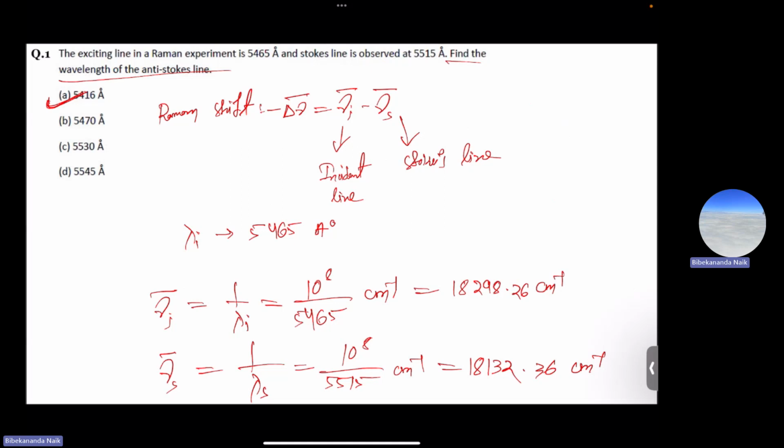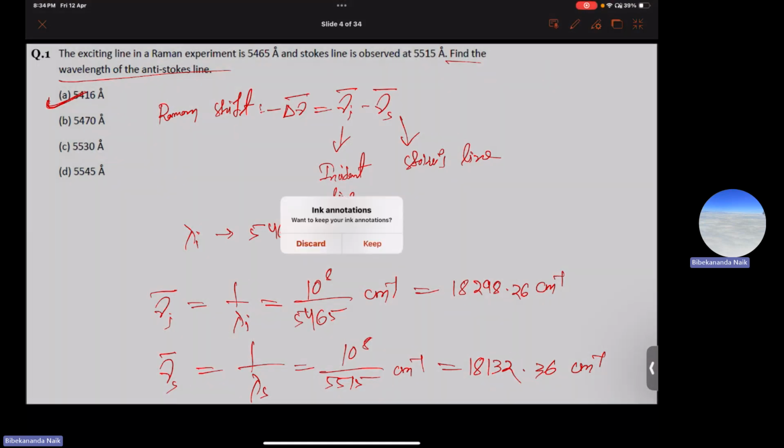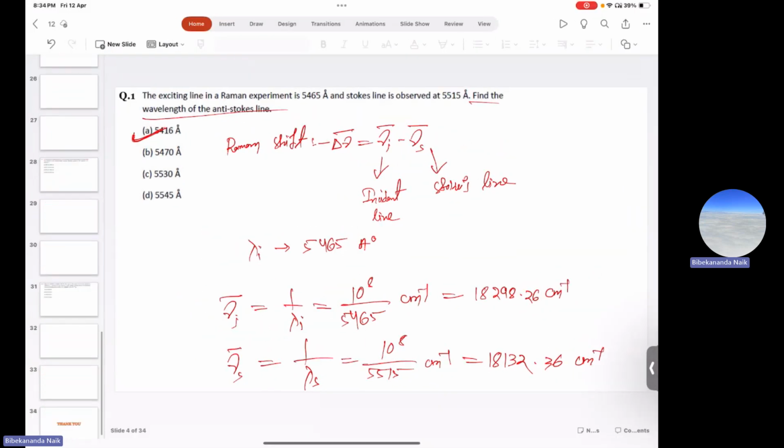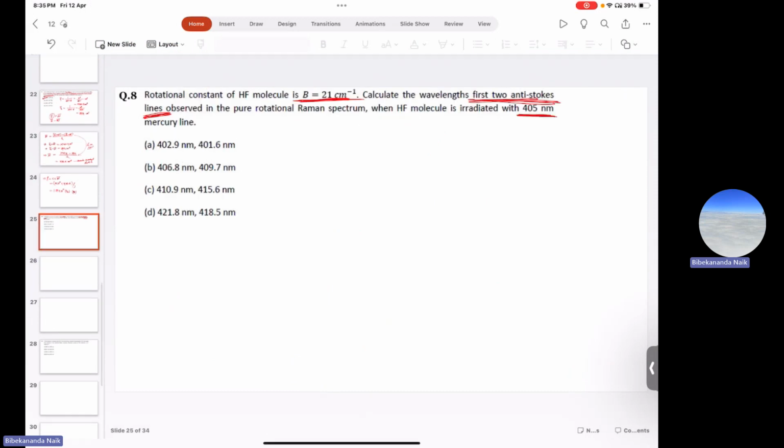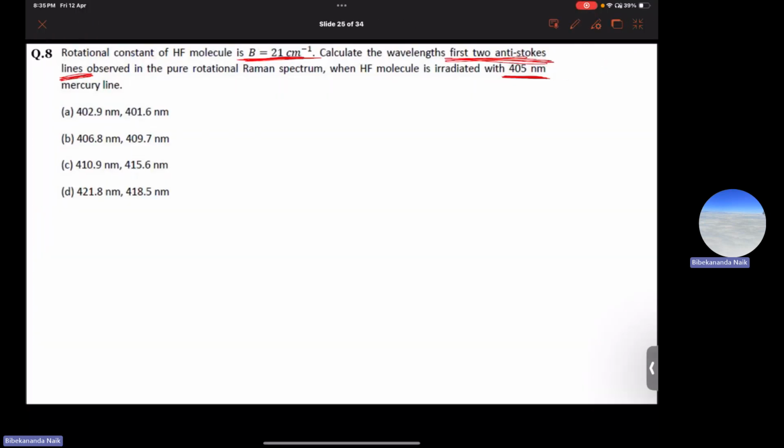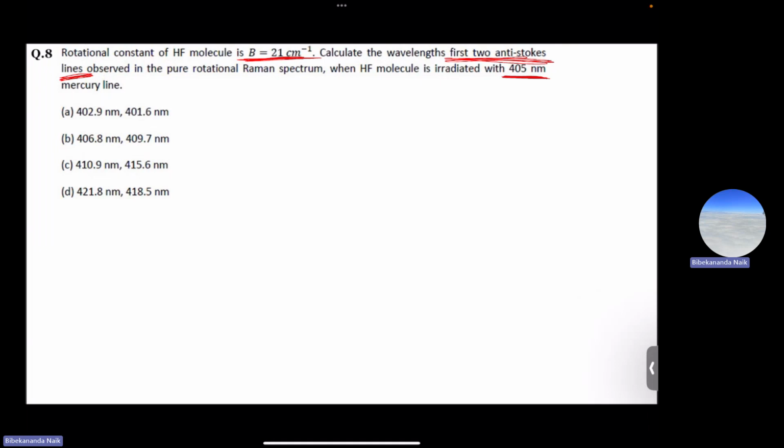So here, if you compare this particular situation, then you can see in this question the exciting line is given.